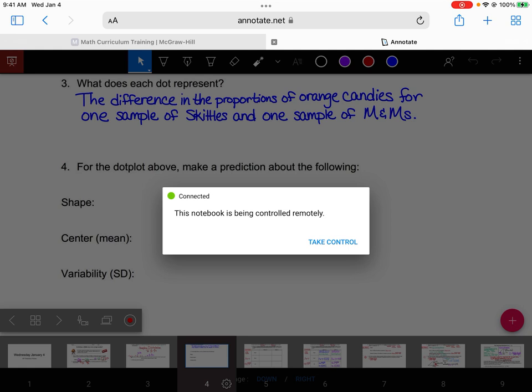What did our shape look like for our dot plot? Even though I know it was really far over on the left side, what was the approximate shape? Anybody want to hedge a guess? What about if we'd done this 30 more times? What shape would it be approximating at that point?